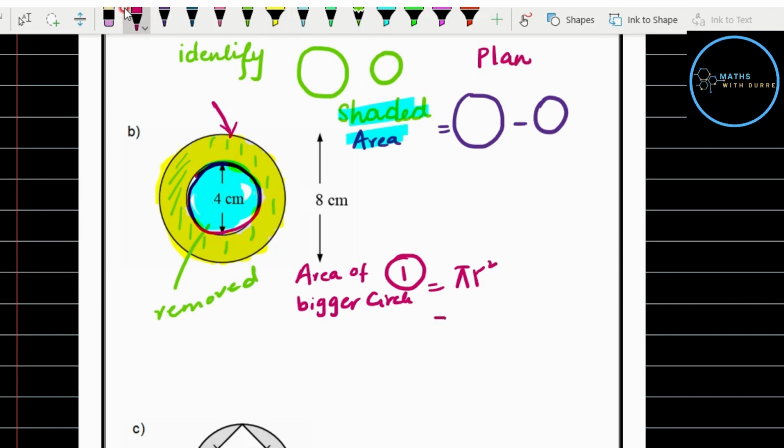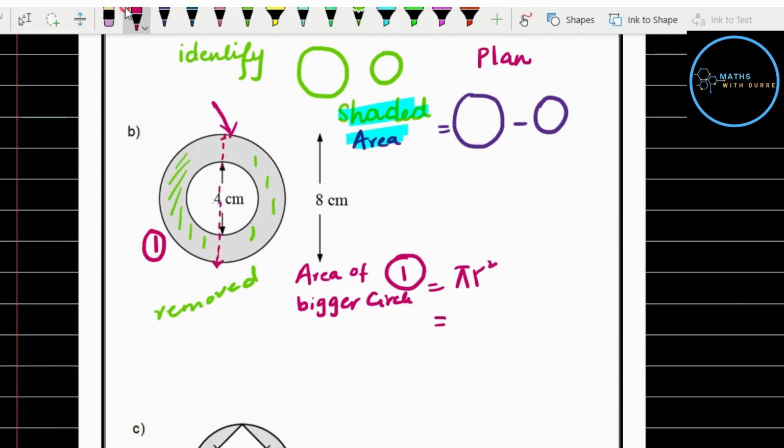All right, to calculate the bigger circle, where is the bigger circle? Outer one. This is circle 1, inner one is the circle 2. Circle 1, what is r? As you know, this value is given outside the shape. So how do we know this is r or diameter? So basically we know that this line is parallel to this line.